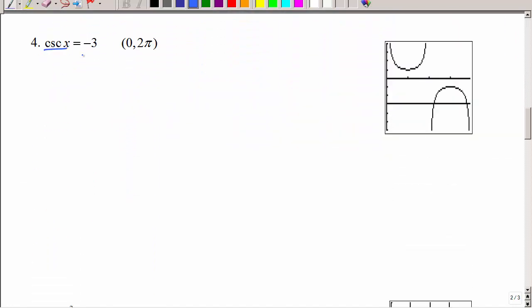Again, we have cosecant, so I've graphed the cosecant. I've graphed y equals negative 3, and this is between 0 and 2 pi. So I know I should have two answers. This is pi, that's 2 pi, so I should have one in quadrant 3 and one in 4. So I don't have a cosecant button on my calculator. Let's change it to sine. Then take the reciprocal of both sides.